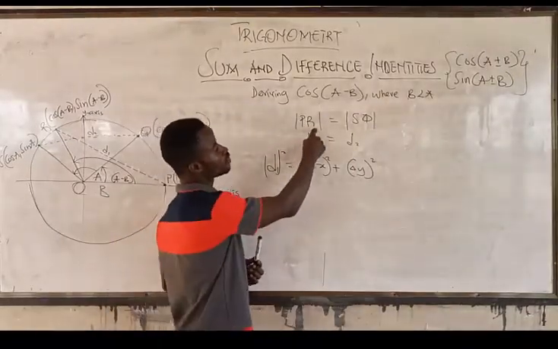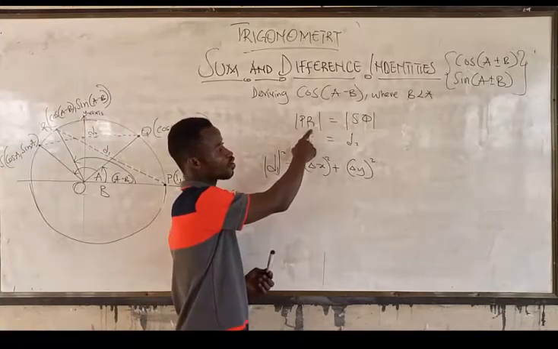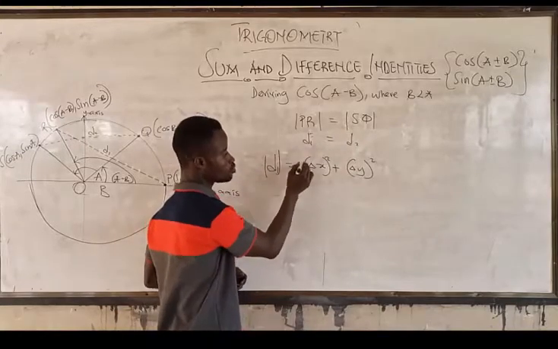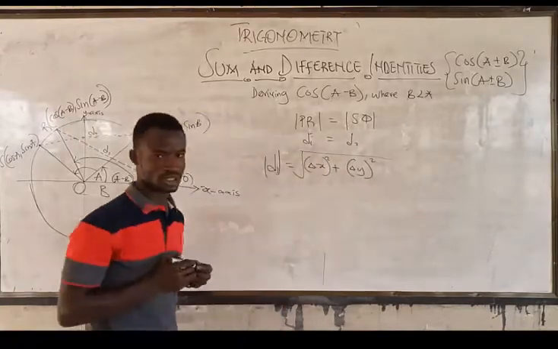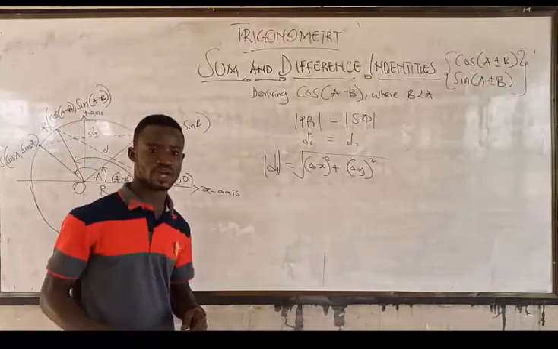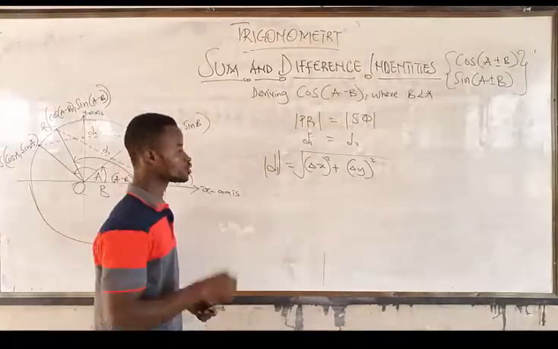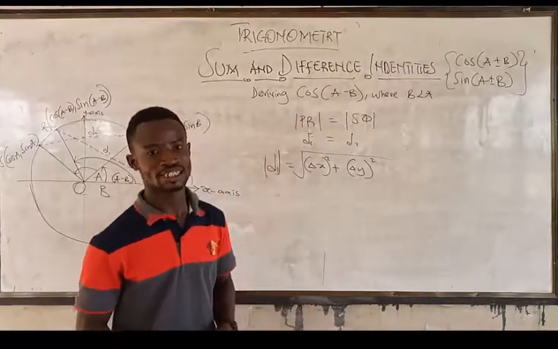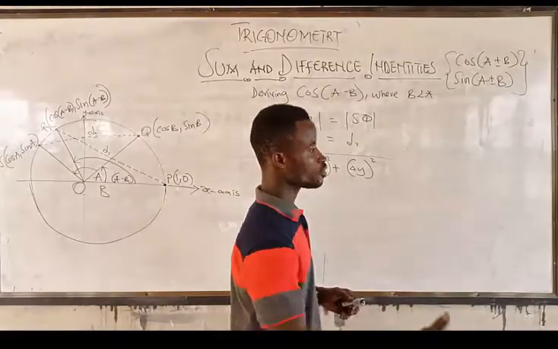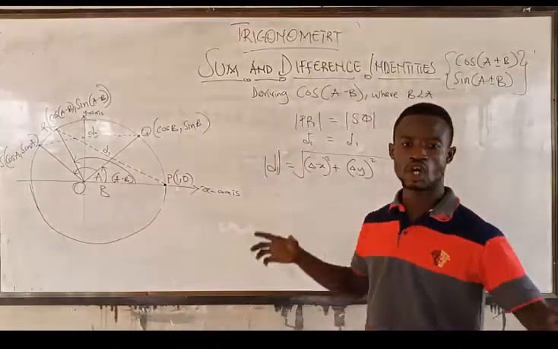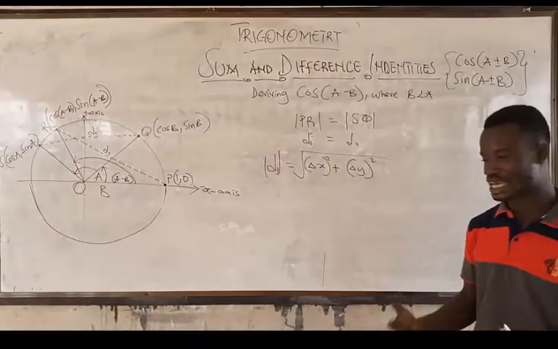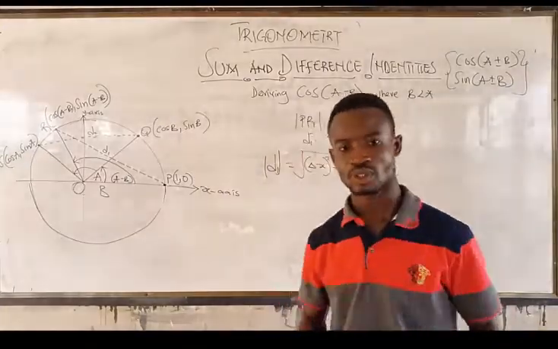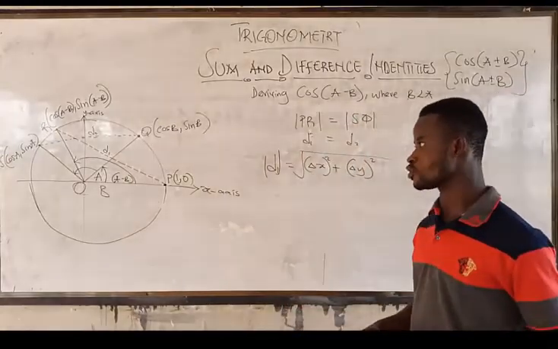So since we have the distance of PR being equal to SQ, here is going to be a square root. Very good. So let's first work on the PR. Then we later go and work on the SQ. We can also combine all and work together. It will help in that way.